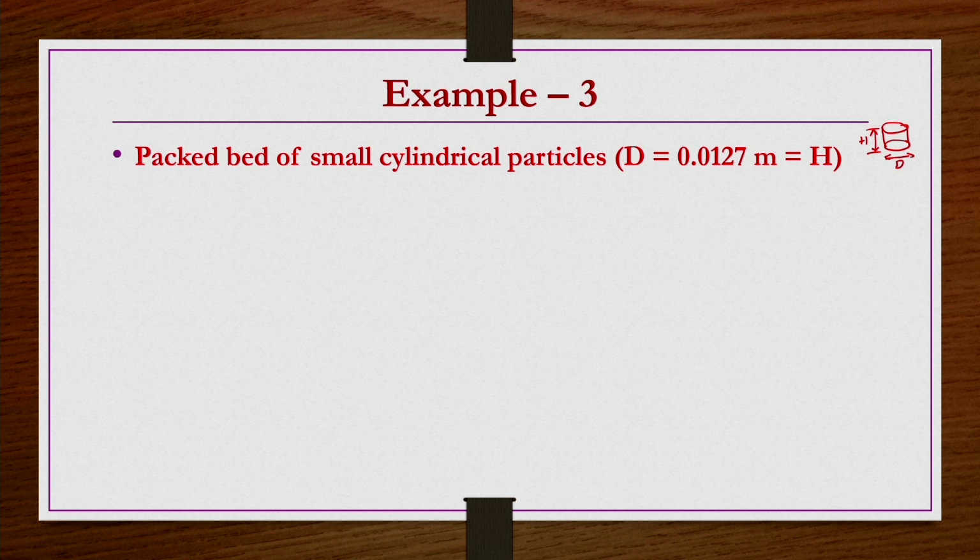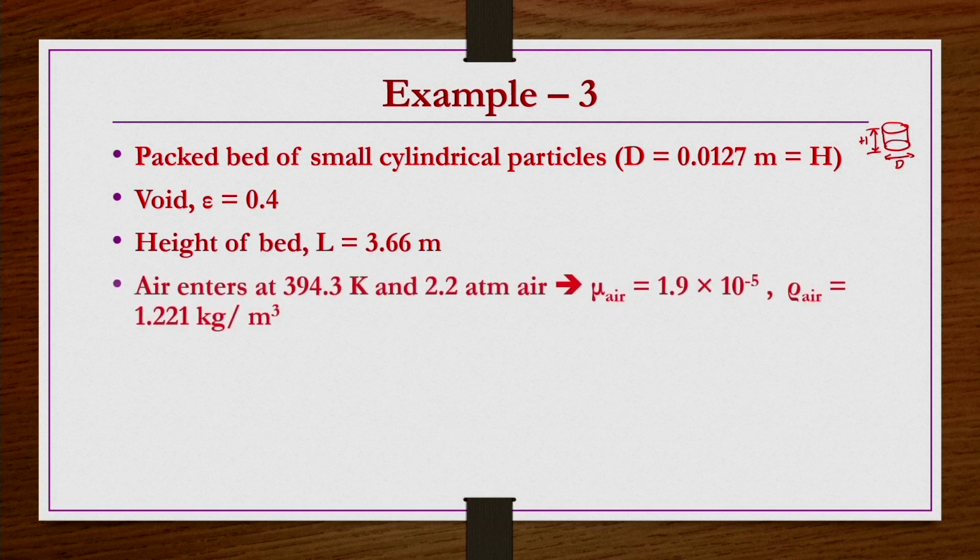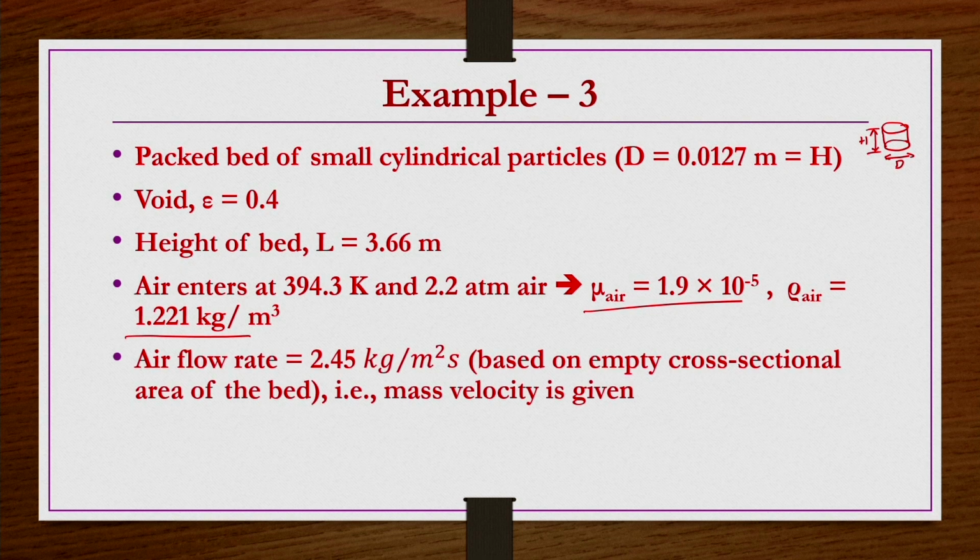So, the packing material is now short cylindrical particles, void age is 0.4, height of the bed is 3.66 meters, and here also air enters at certain temperature and pressure, corresponding viscosity 1.9 into 10 power minus 5, and corresponding density 1.221 kg per meter cube for the air at these temperature and pressure conditions. Okay. And here also the air flow rate is given.